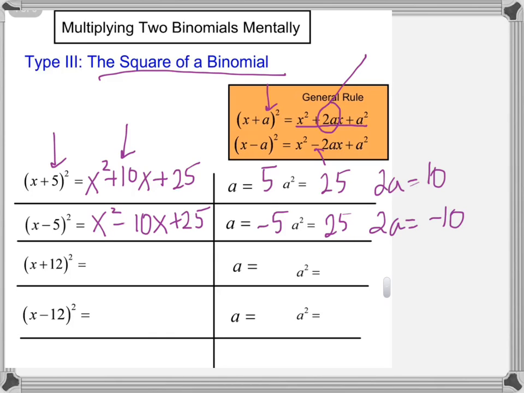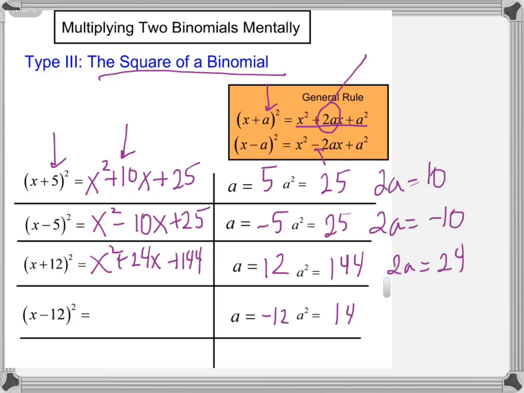And finally, if the a term is 12 here, then a squared is 144, and 2a is going to be 24. So this is going to be x squared plus 24x plus 144. Here, the a is negative 12, but the square is still the same, but this term will be different. It's going to be negative 24 instead of positive 24.